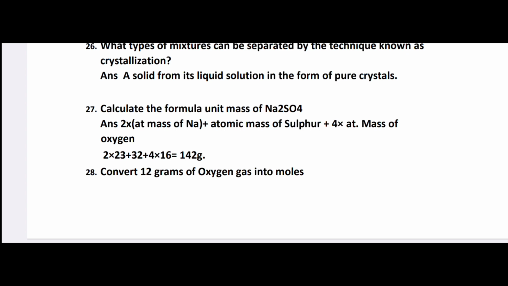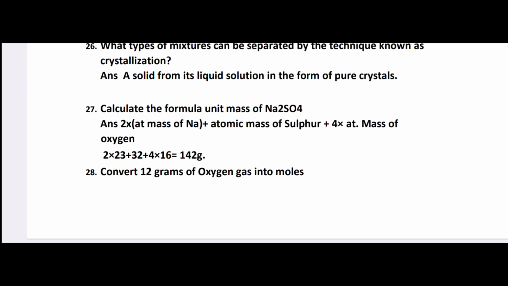Then you have to add up the atomic masses of given atoms to find out the total formula. Okay, so 2 multiplied by 23 is the atomic mass of sodium, plus sulfur's atomic mass is 32, plus 4 multiplied by atomic mass of oxygen 16. You will get 142 gram. Okay, this is the formula unit mass of sodium sulfate.